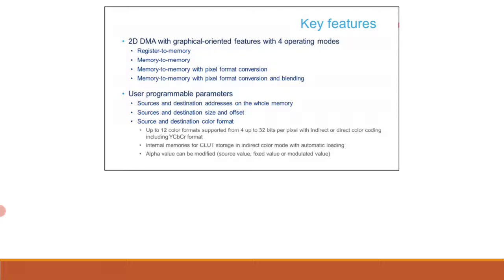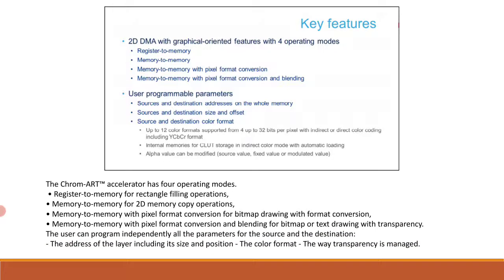The user can program independently all the parameters for the source and destination, the address of the layer, including size and position, the color format, and the way transparency is managed.